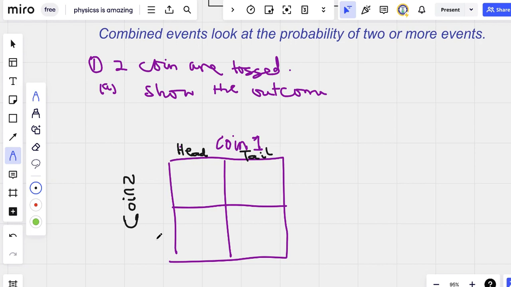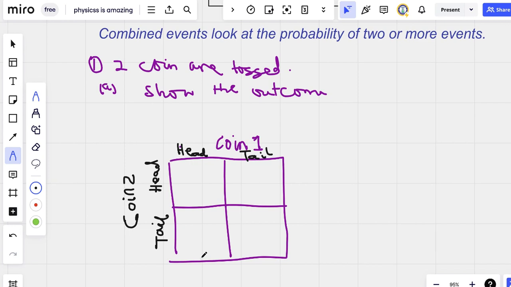We have head here, and tail here. So this is coin 1, this is coin 2.